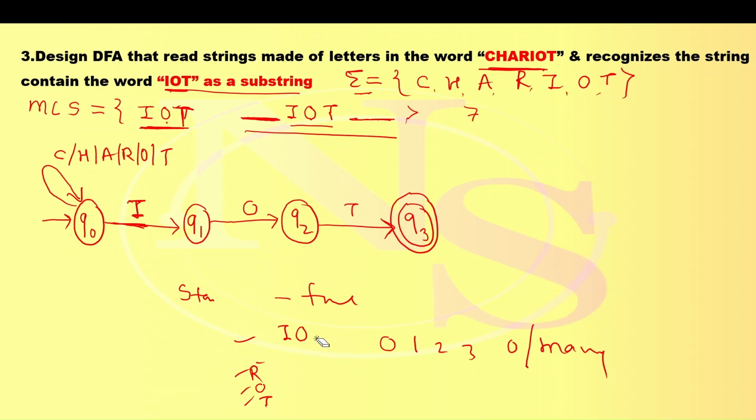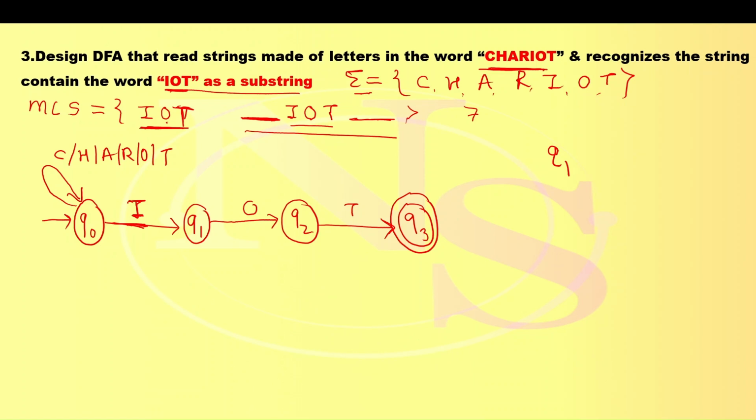Similarly, make Q1 deterministic. How to make Q1 deterministic? You can follow the same approach. Write down the state Q1 which you want to make deterministic. How to reach Q1 from the starting state? By reading I. How to reach the final state from Q1? By reading OT.